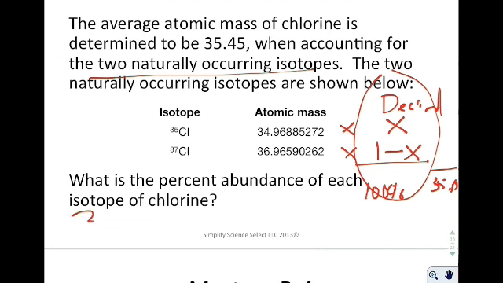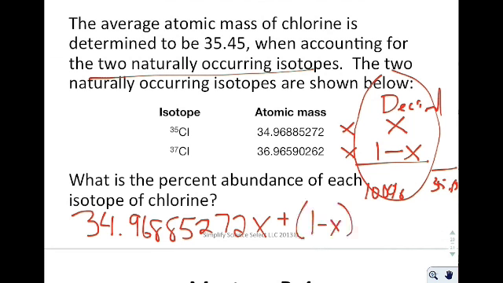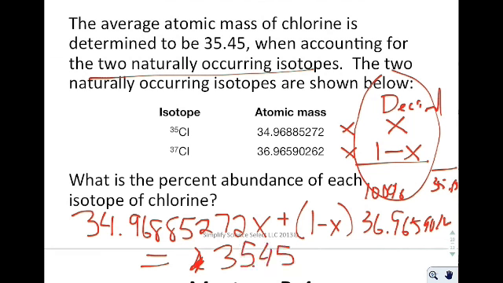I can say something like 34.9688572 plus 1 minus x times 36.96590262. When you take these things and you add them together and you multiply them out, they have to equal 35.45. Well, now if you look at it, I only have one variable that I don't know. I only don't know x.